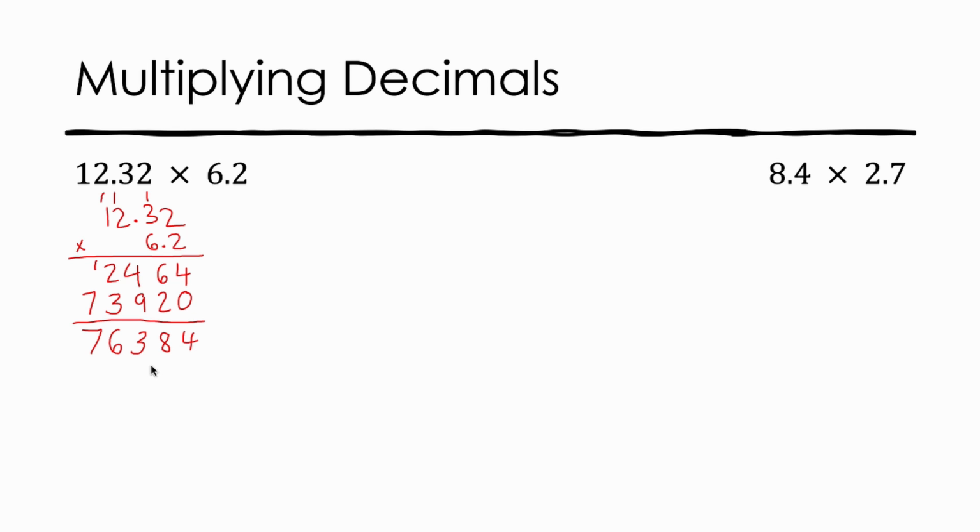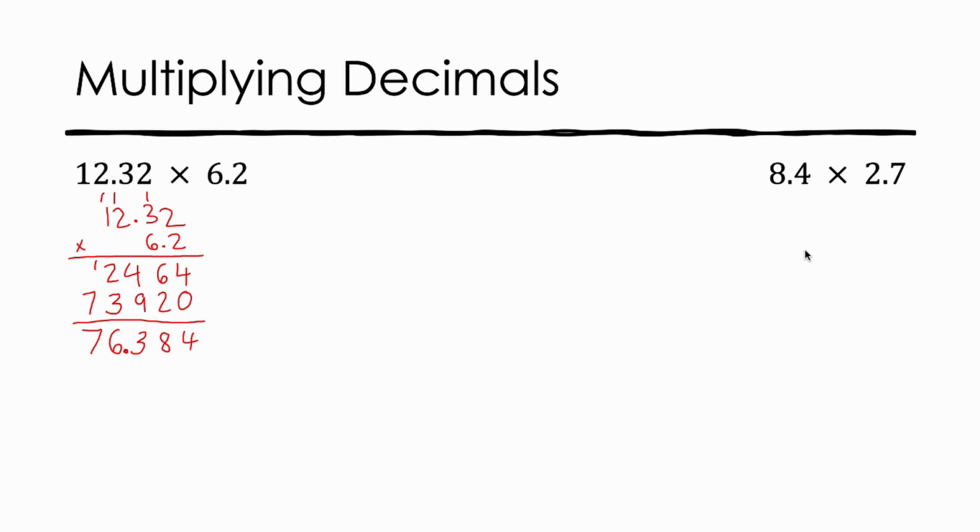But which way do we go from? The right or the left? We go from the right, obviously. So if our decimal point is here, 1, 2, 3 decimal places to the right. So our final answer is 76.384. And that was close to our estimate, 72. So this is a reasonable answer.